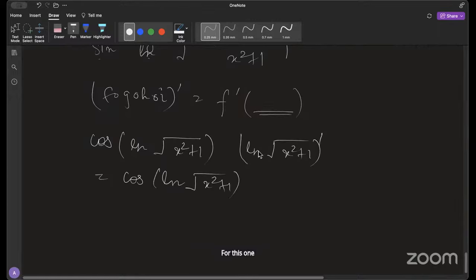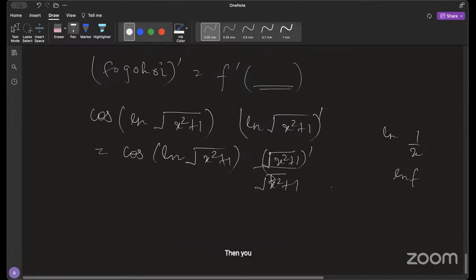For this one, the derivative of natural log of x is 1 by x, right? So for natural log of f, we do 1 by f, and then you take the derivative of f, right? So we are using the chain rule here. So this will be 1 by square root of x square plus 1, and then the derivative of square root of x square plus 1.